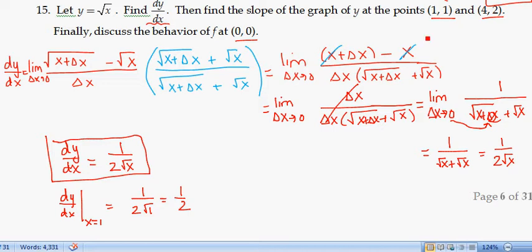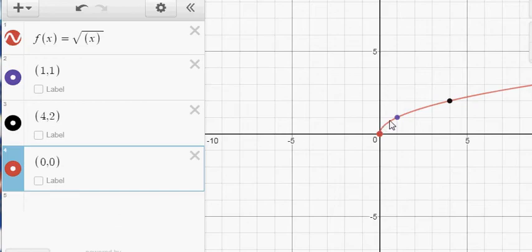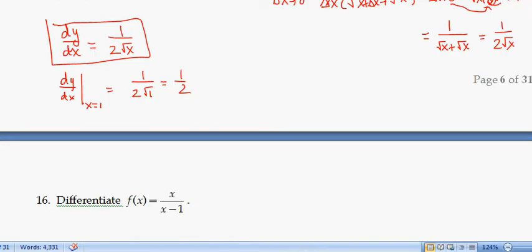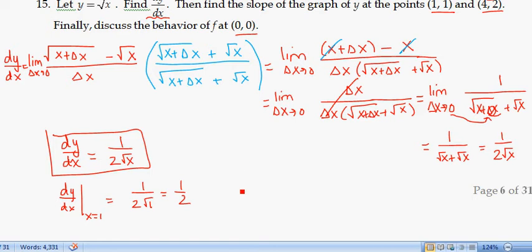Okay, let's look at the function. If I look at this point, a slope of 1/2 is a reasonable slope. So that makes sense. If I wanted to actually graph the line on Desmos, I'd have to find, this is our m, and we're passing through the point (1, 1).